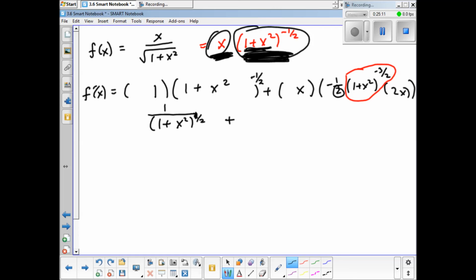So it's going to look like this, minus 1 over 2 times 1 plus x squared to the 3/2, times, and then there's this 2x here, that just goes up top, so I'll just fill in a 2x there.